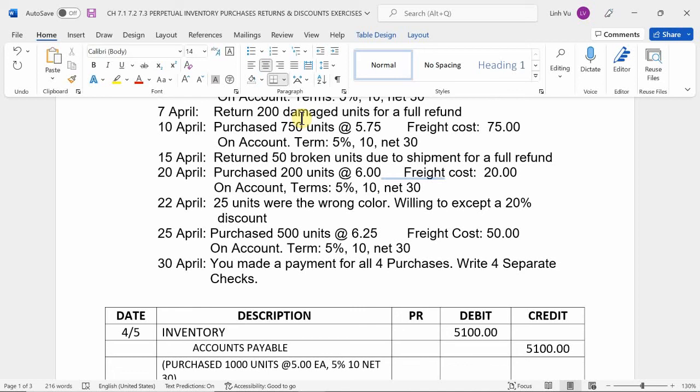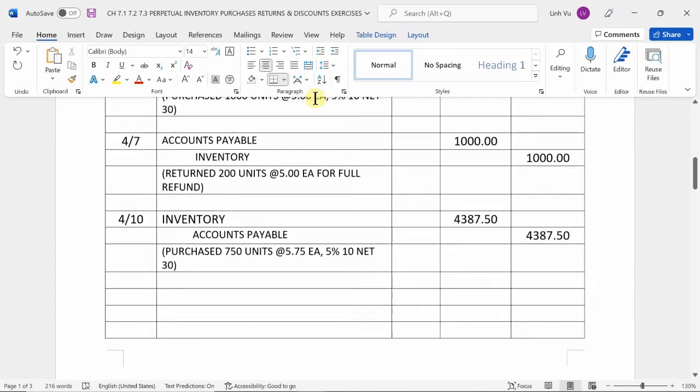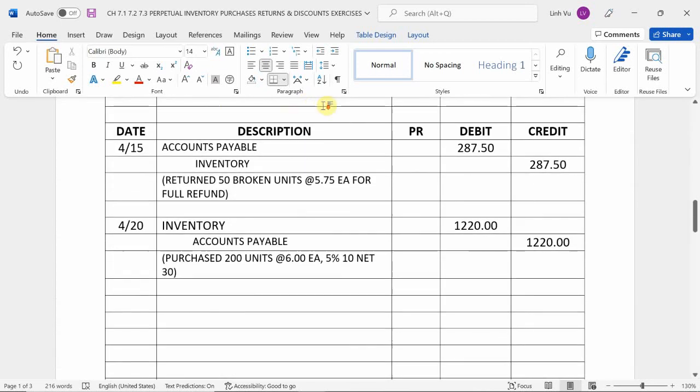So in this case, 25 of those units were the wrong color, but we were willing to accept the inventory items, but also at the same time receive a 20% discount from the vendor. Okay. So how would I journalize this transaction?